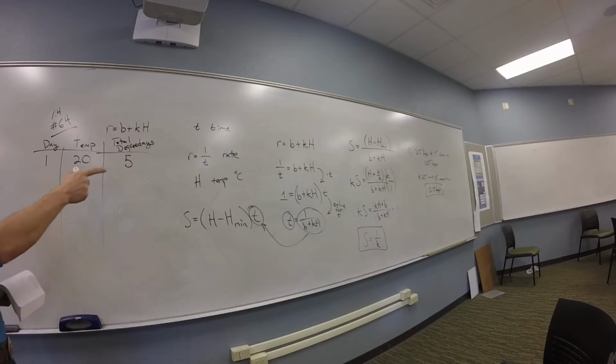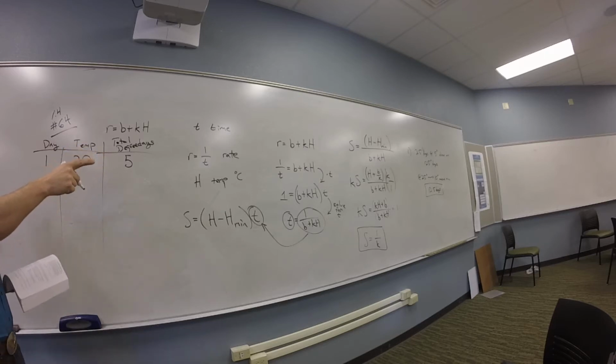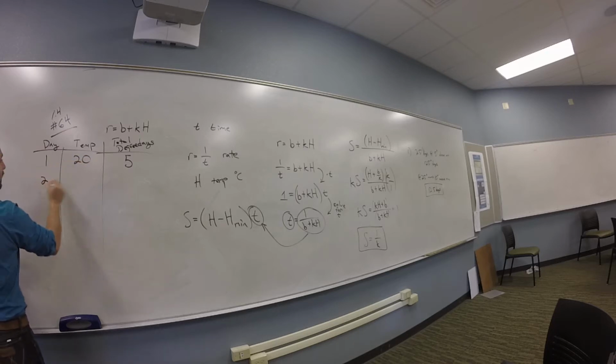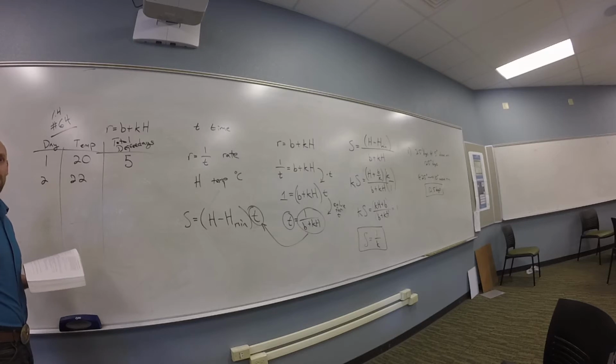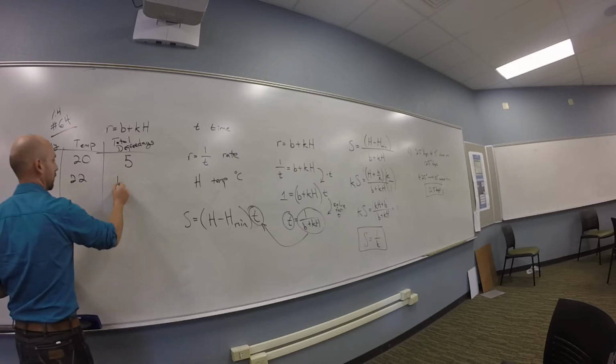It needs to get to, how much? 125. Yeah, it needs to get to 125. Okay? Second day, it's 22 degrees. 7. So it earns 7 more, which means that my total accumulated is 12.